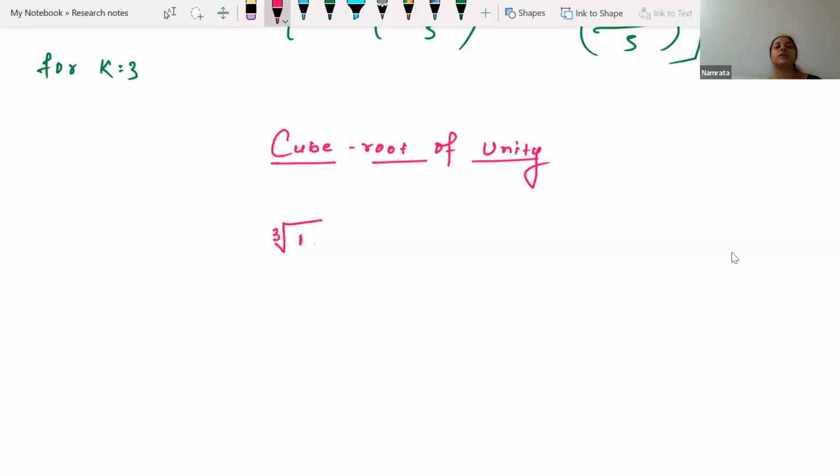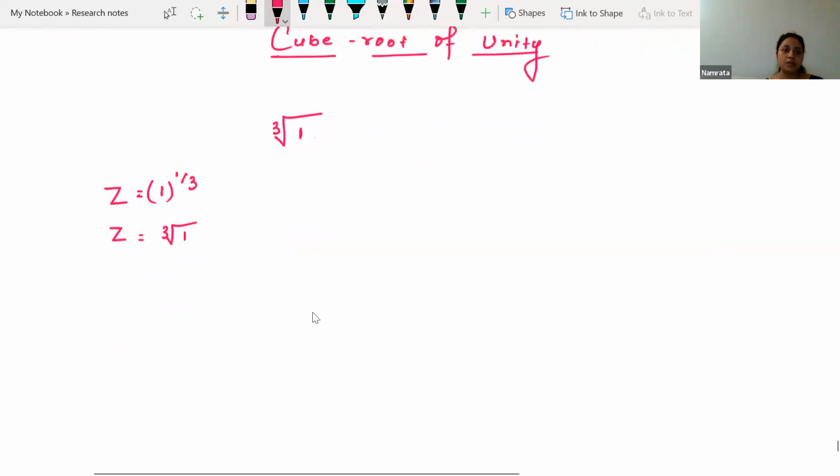So we are going to find how we will be dealing when we have cube root of unity, when z is 1 to the power 1 by 3, or when we have a complex number z which is the cube root of unity. Again we are going to use the same De Moivre's theorem over here.